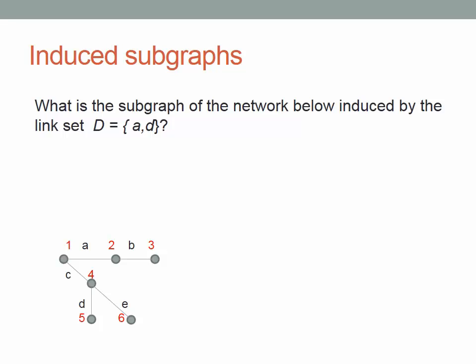Now, going back to inducing a subgraph using a link or a subset of links, suppose we select the links A and D. What would be the subgraph induced by the two links A and D?